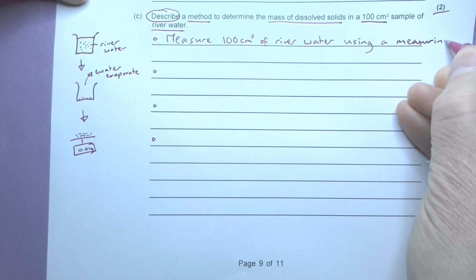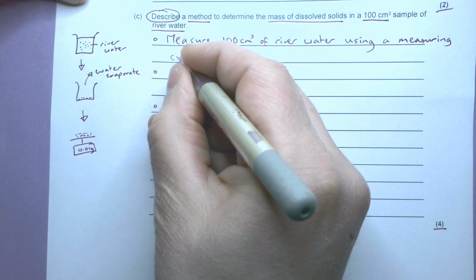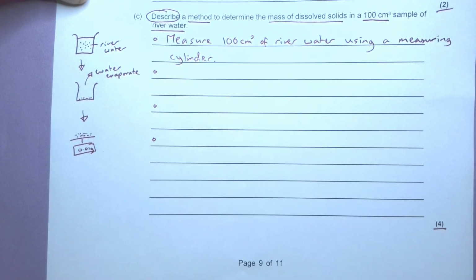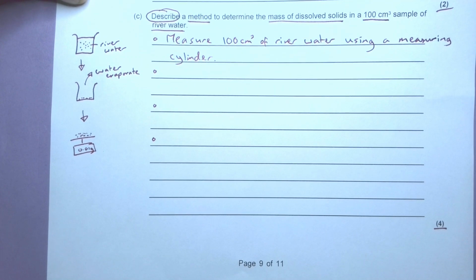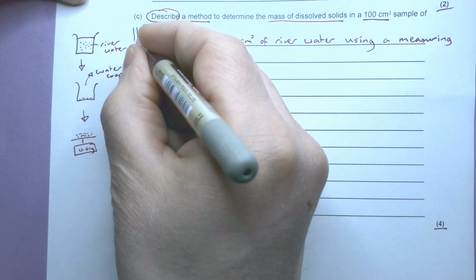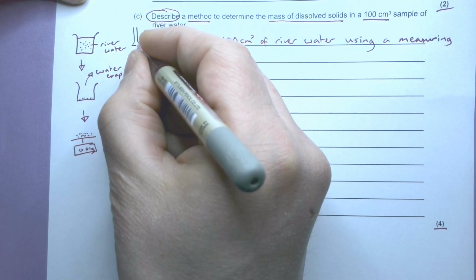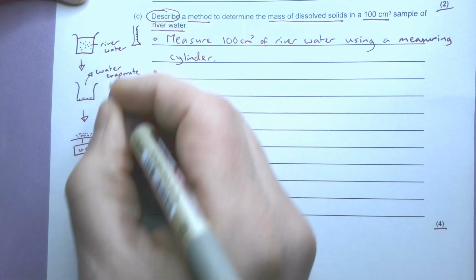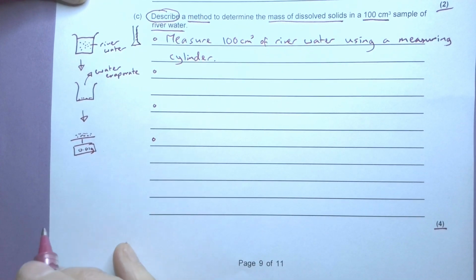Be really careful here. In science we don't use jugs, and we don't measure in beakers either. Whenever we're measuring volume, we use a measuring cylinder. If you remember, the measuring cylinder is the tall beaker with the numbers down the side.